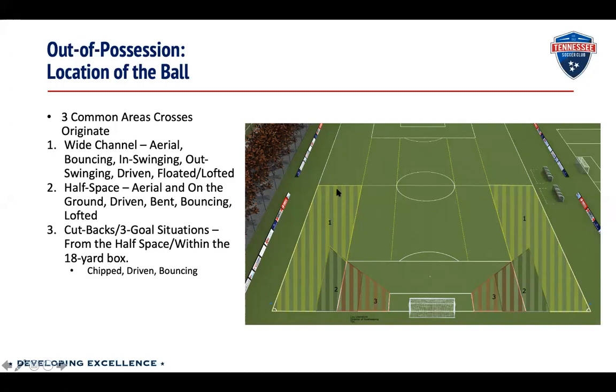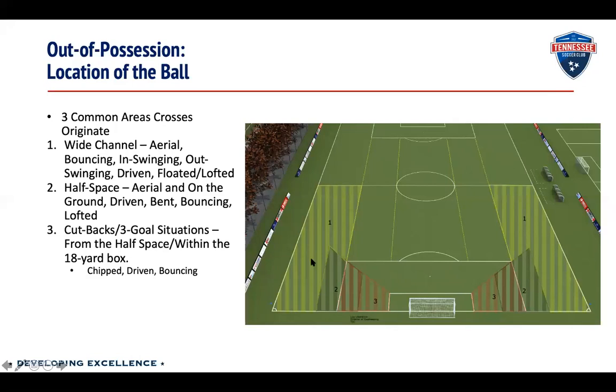Depending on where in the channel it is going to impact the type of service in terms of how high it is, the pace of the ball, the whip on the ball, is it driven, is it floated, is it lofted, what kind of players are inside the area that you have to deal with in terms of, do they have a 6'1" player? Do they have a crafty little player that wants to combine and score with their feet? Bonnie will get to what a cutback is in a minute, okay?